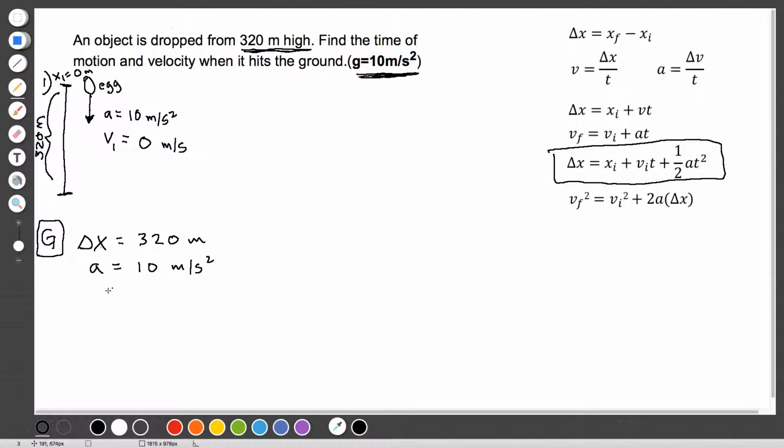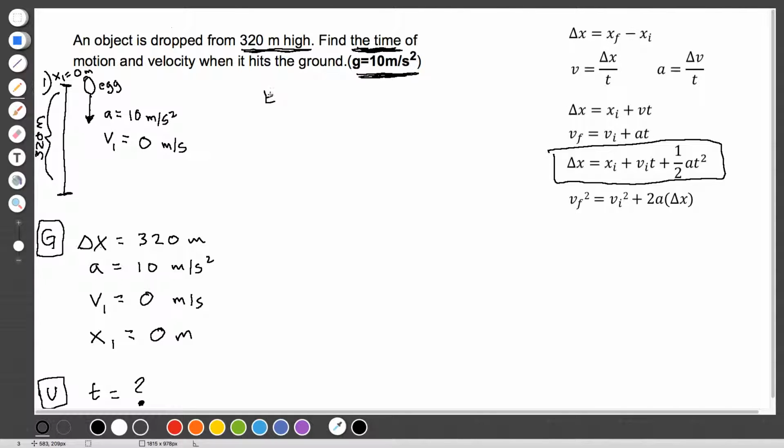And what else did we determine? We determined our initial velocity is 0 meters per second, and we set our initial x position to 0 meters. And our unknown, the first thing it's asking us to solve for, is the time. And that's given right here. Find the time of motion. So time is our unknown.